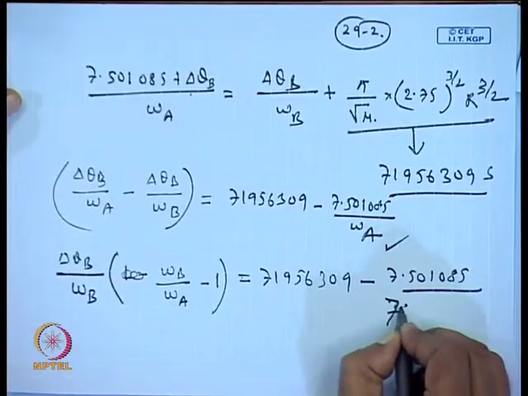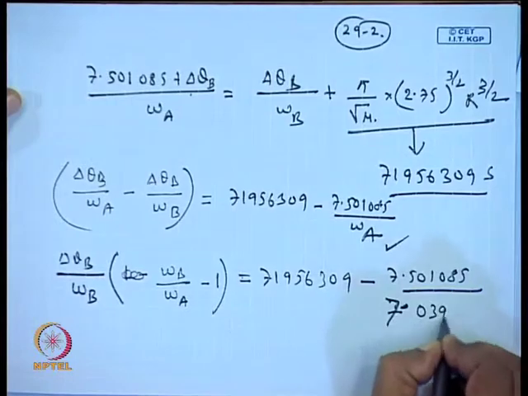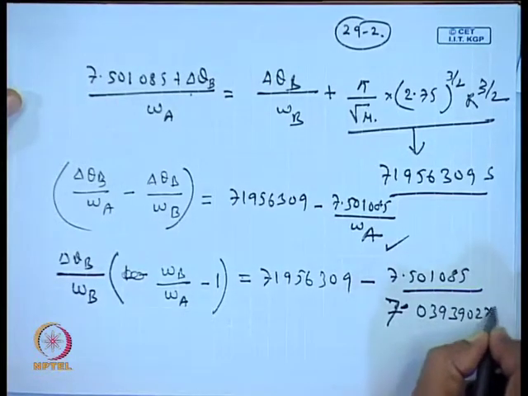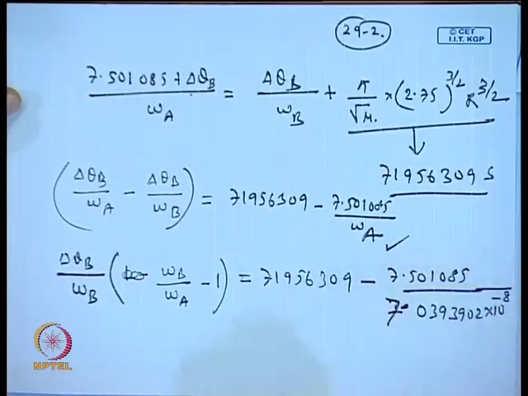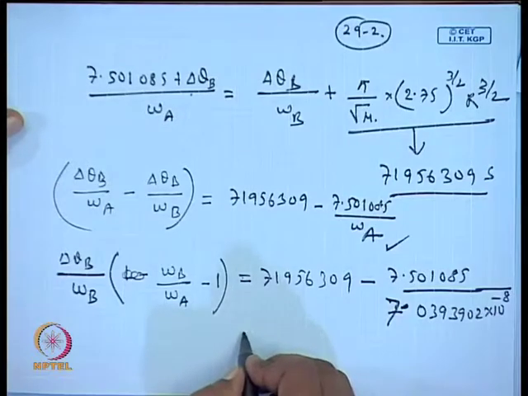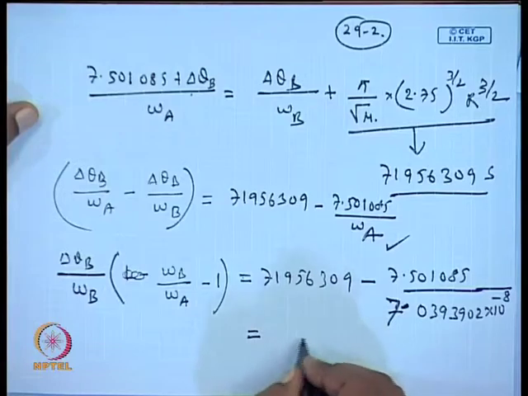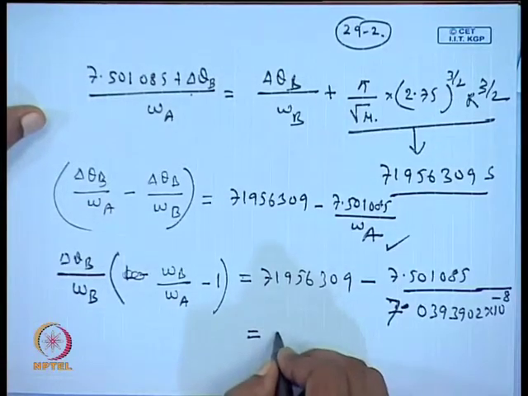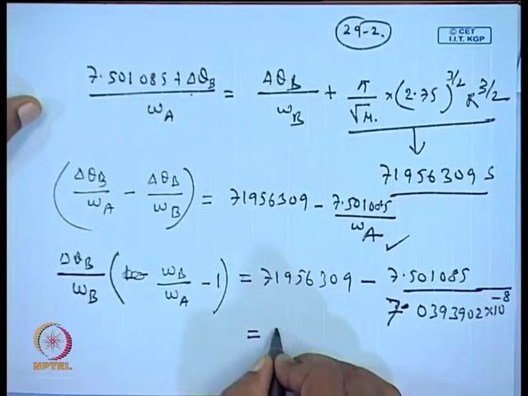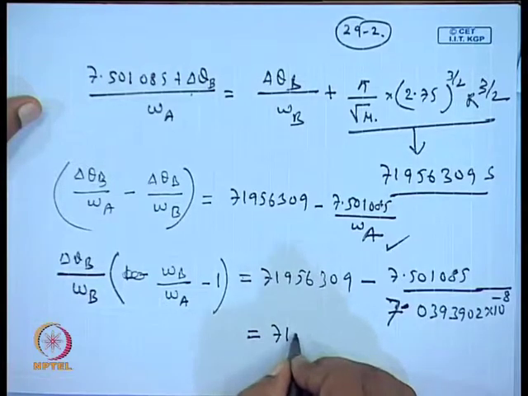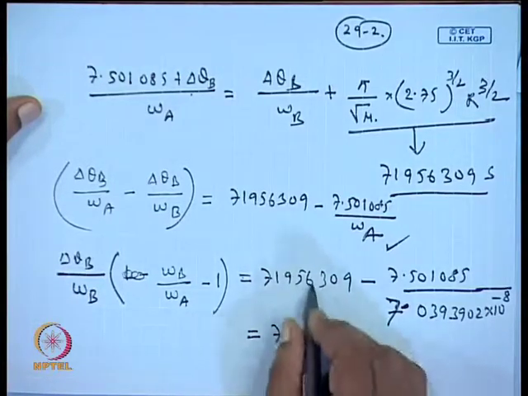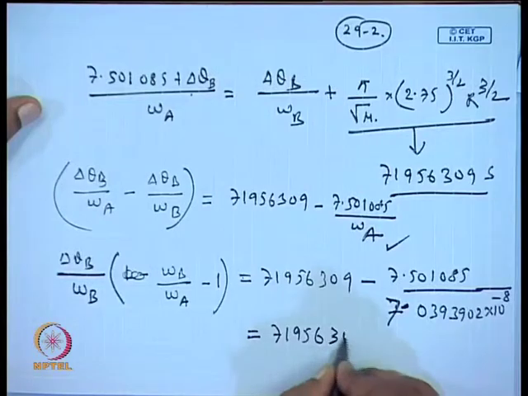Omega A is 7.039390 into 10 to the power minus 8 radians per second. Okay. So, once we work it out, this will turn out to be 71956.309.